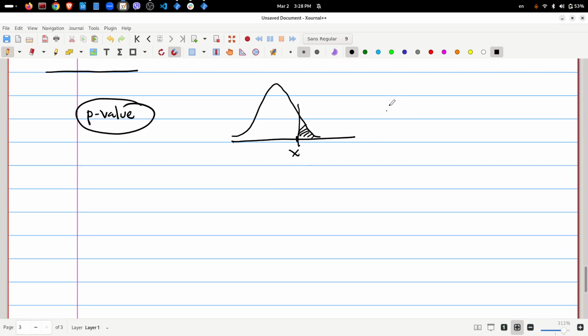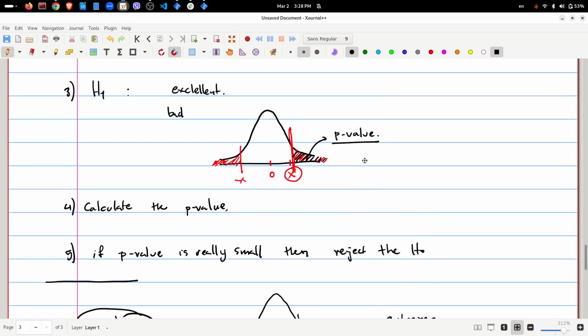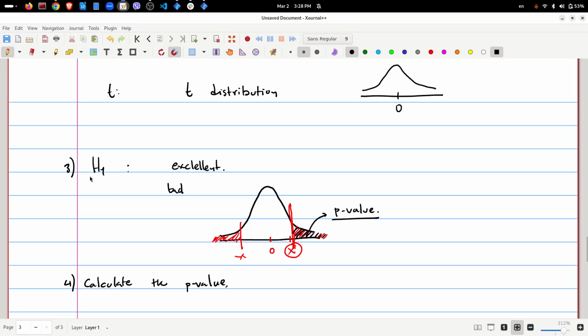This word, the same or more extreme, this extreme is defined actually by the H1. Here the student claims that he's excellent. The same or more extreme means this value or higher.